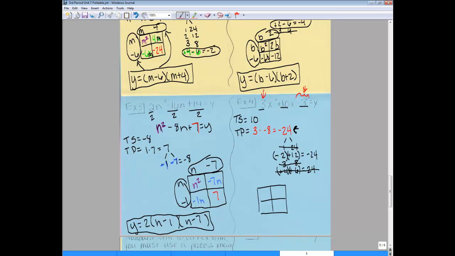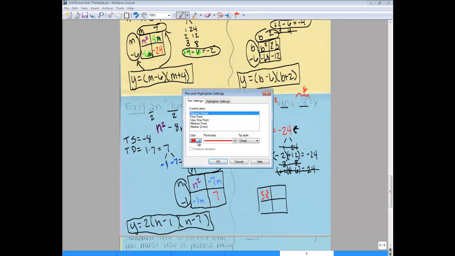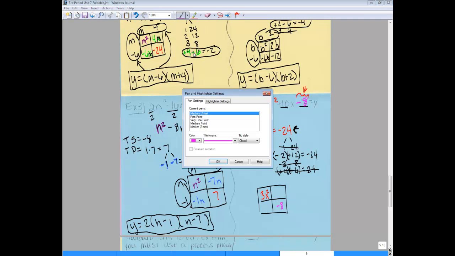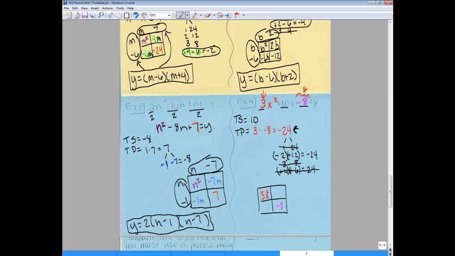And remember, we have 3x squared that goes in the top left. We have -8 goes in the bottom right. And then we have our factors right here that will go top right and bottom left. So -2x and 12x.